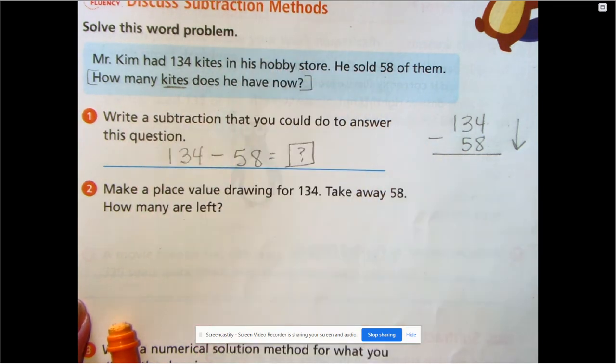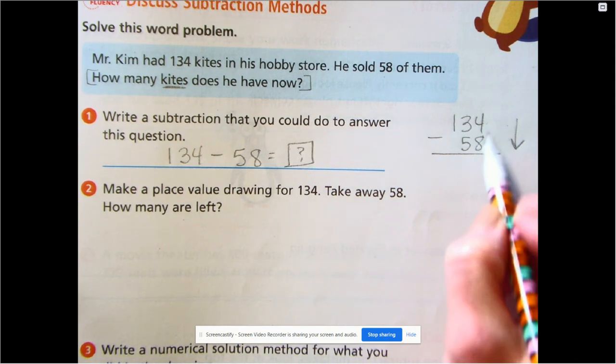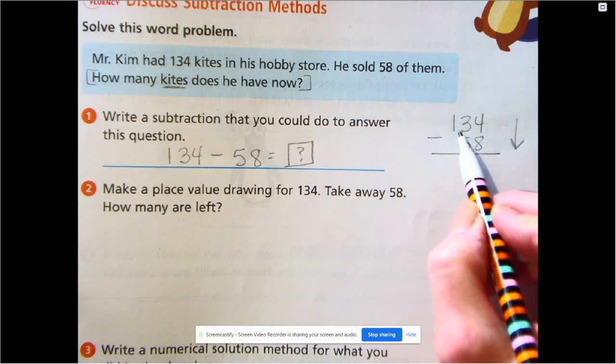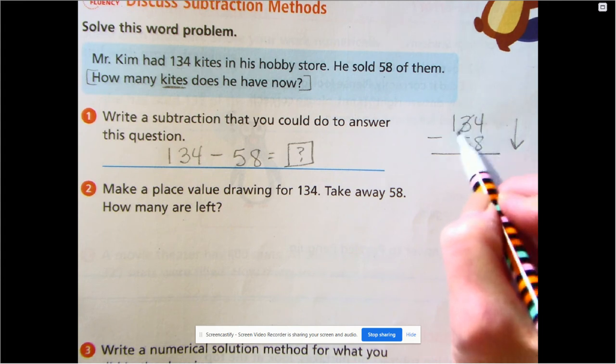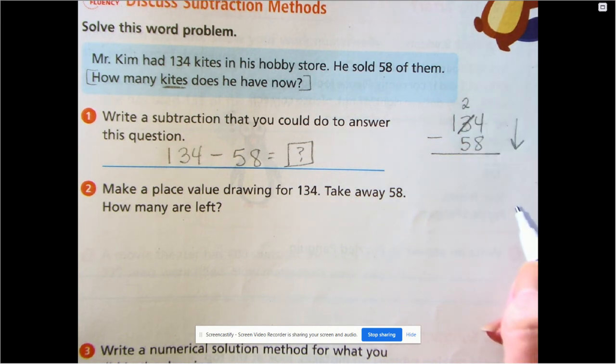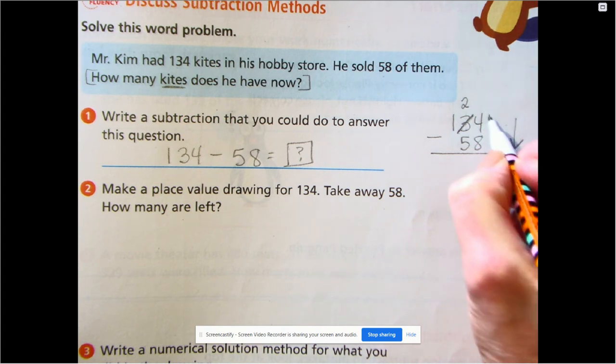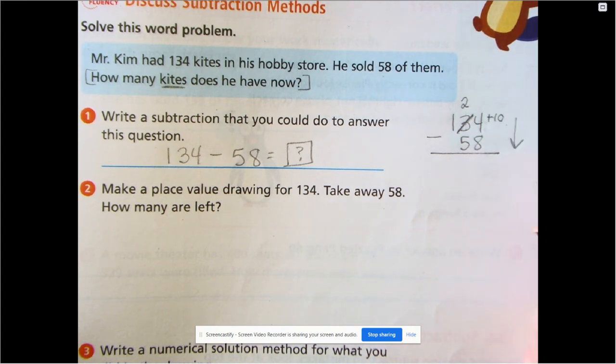I've only got 4. So in this case, since there's more on the floor, I have to go next door to this tens column. And I'm going to take away 1 group of tens. So now, instead of having 3 tens, I only have 2 tens because I gave it to my ones column. So really what I'm going to do is give 10 more.